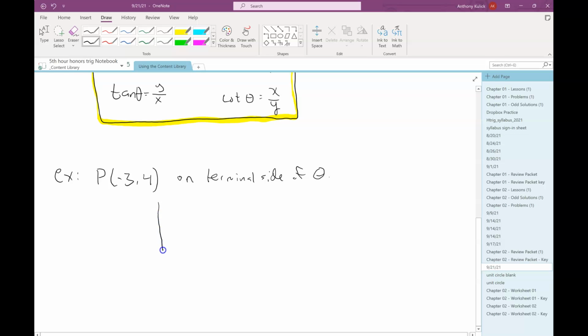It's not really necessary to draw a picture, but as we're getting started, it's helpful to connect conceptually and visually what's going on to the formulas we're using. So I have some standard position angle, there's my vertex and my initial side, and the terminal side is on the point (-3, 4), so something over here.